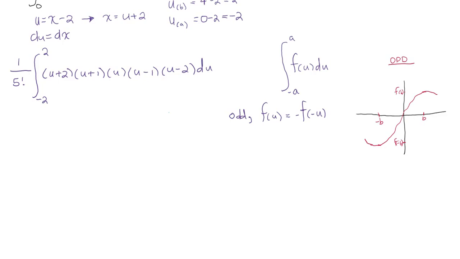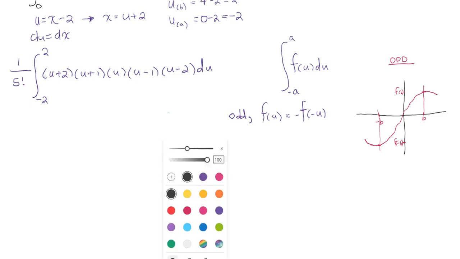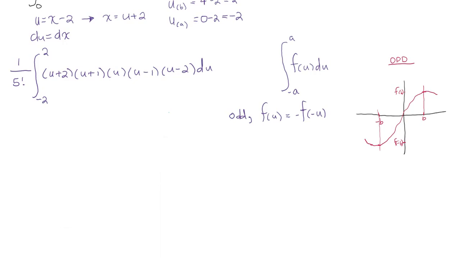And what is special about these functions is if we integrate from negative b to b, then visually, first off, we can see that if we were to compute this area as an integral, then we would have the negative area on the left-hand side, and it would cancel out with the area on the positive side.